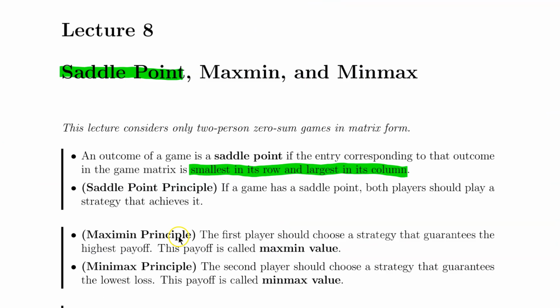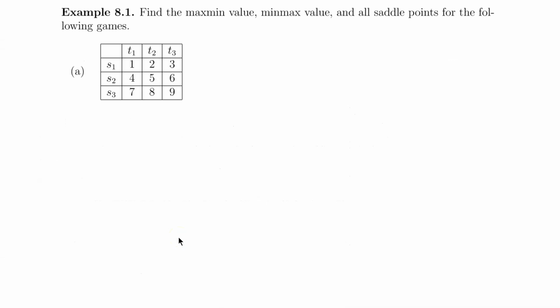So let's look at the examples that we have for this lecture, example 8.1 here. Which one of these is going to be a saddle point? Well, we can just check real quick. This number 1 here, is it the smallest in the row and largest in the column? The row is the pink one, and the column is the blue one. We see that number 1 is the smallest in the row, but it's not the largest in the column.